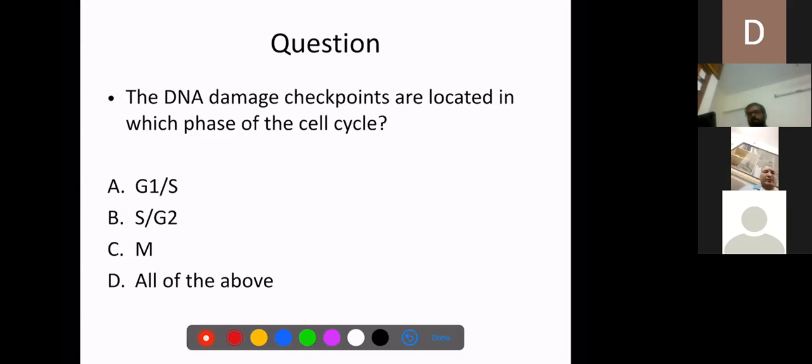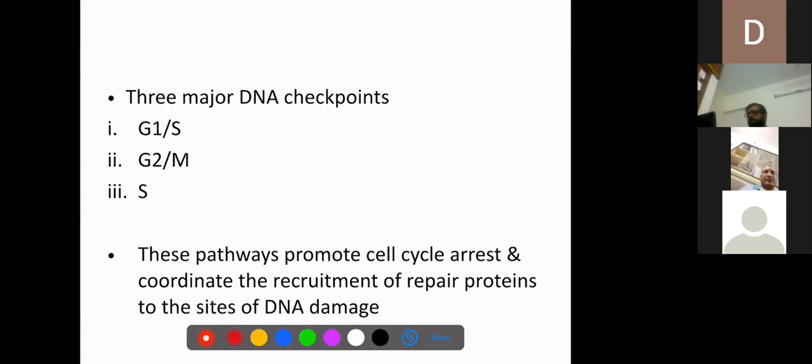So one answer has come, that is A, absolutely. Because S, G2 and M are not checkpoints. The three major DNA checkpoints are G1/S, G2/M, and S phase. So these pathways promote cell cycle arrest. At G1/S, the main factor involved is P53, and I told you cyclin inhibitors like P16 INK, P21 will be influenced by P53.